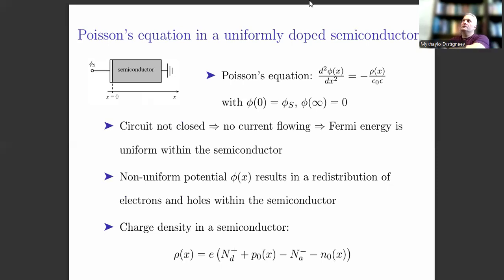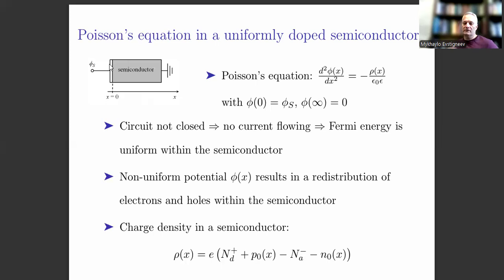Now, let us apply Poisson's equation to a semiconductor. Specifically, the situation in which we will be interested is that the semiconductor is half infinite, or it has large but finite thickness. And on the surface, the value of the electric potential is phi sub s. The surface value of the electric potential is assumed to be known.